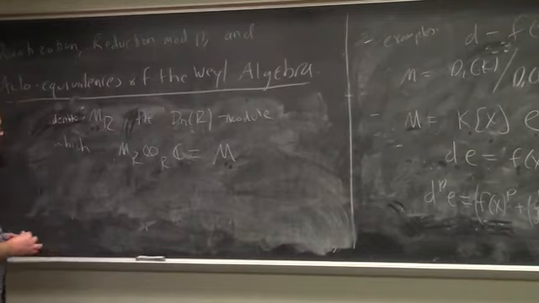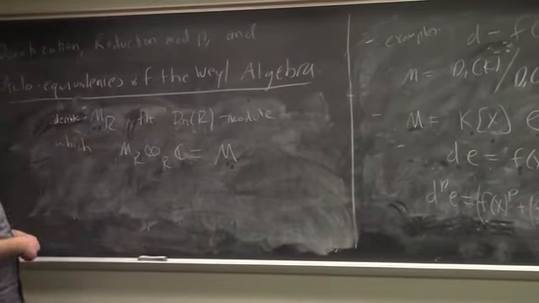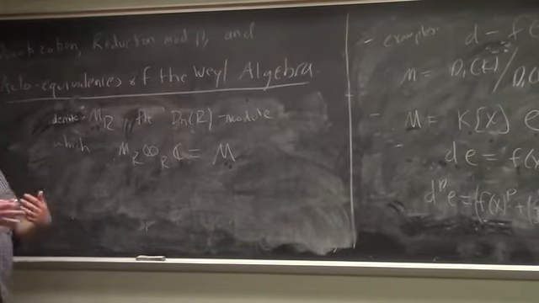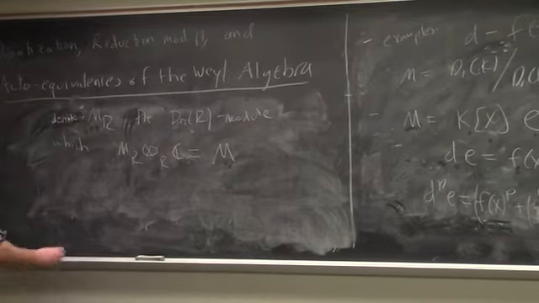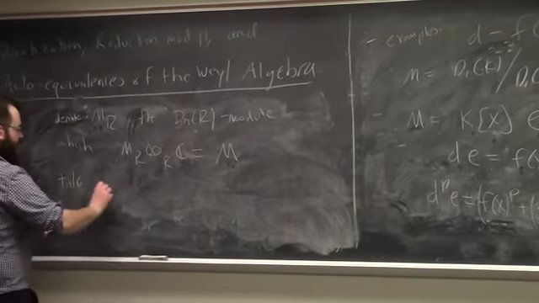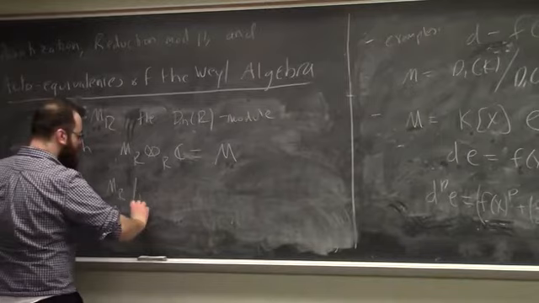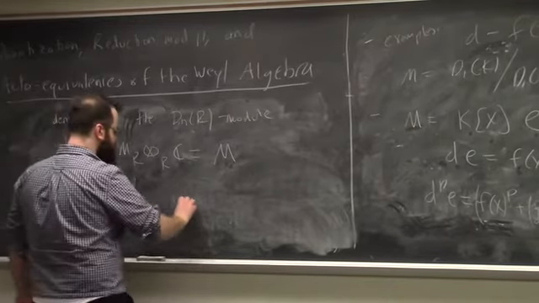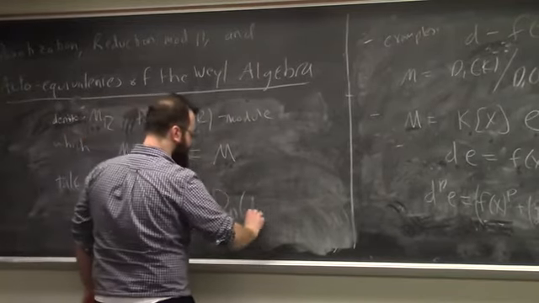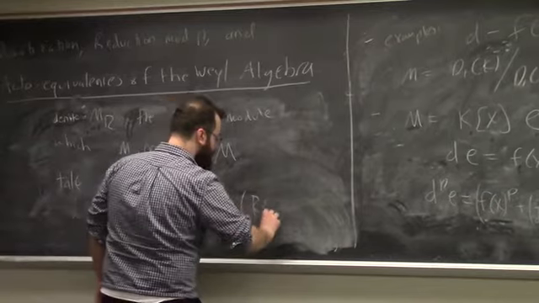That's the technical notation. But the non-technical way is just to think of M as being defined over this ring R. And then we can take M_R mod P, and this is a D_n(R mod P)-module.